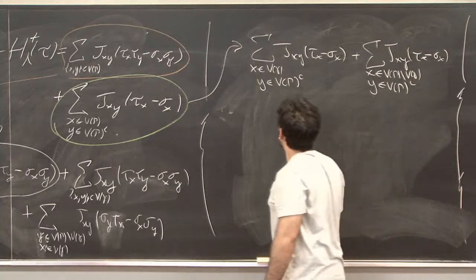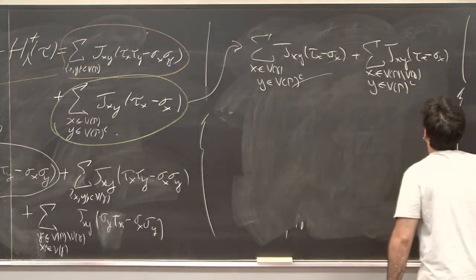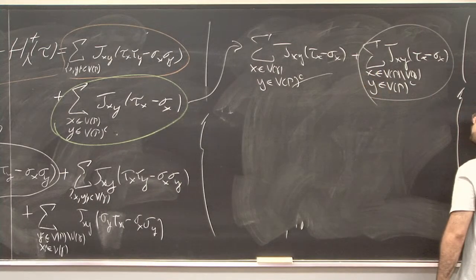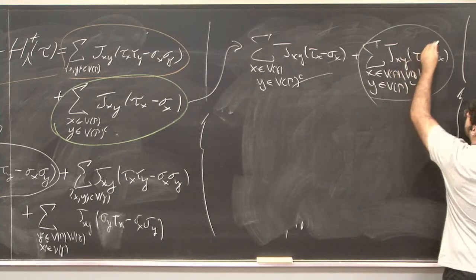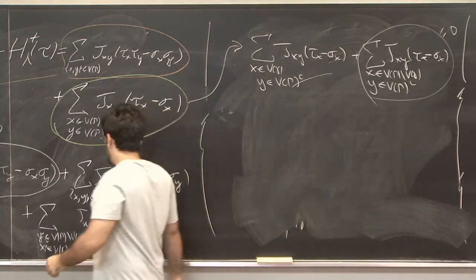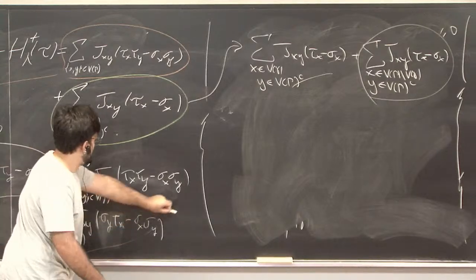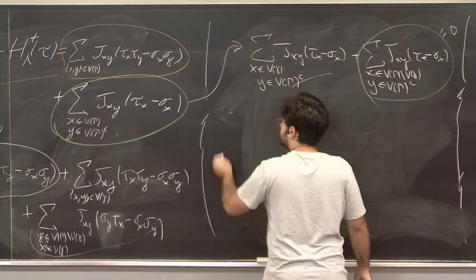So again, this term I don't know what happens, but this one I know. Outside V gamma, the configuration is just sigma x, so this will also be 0.